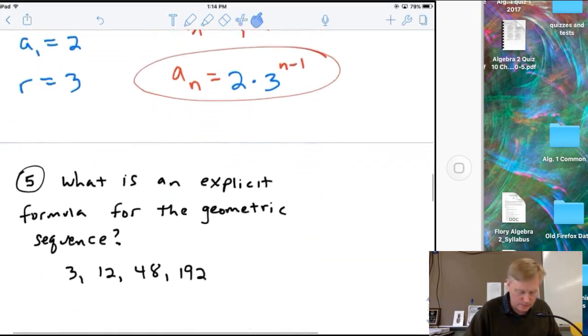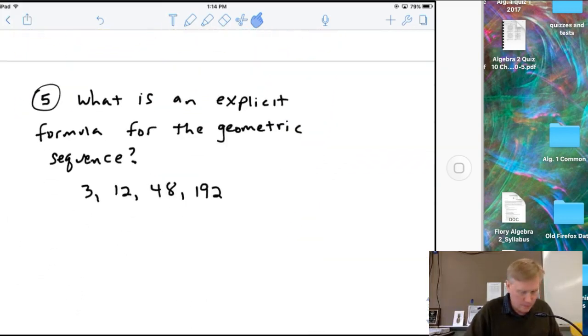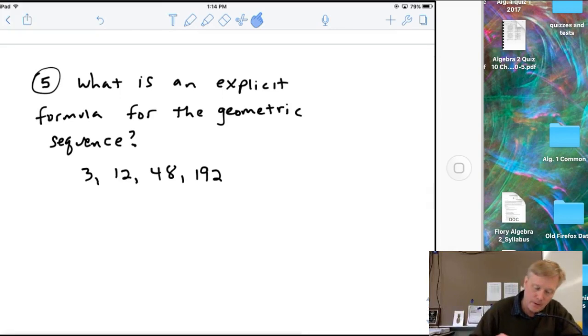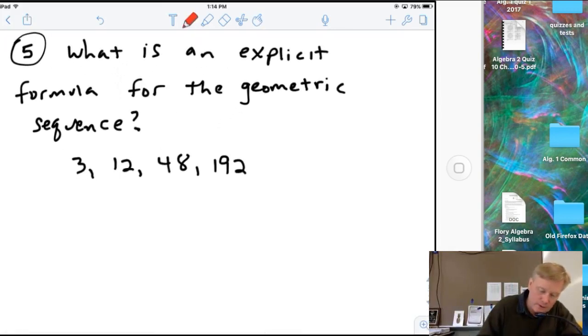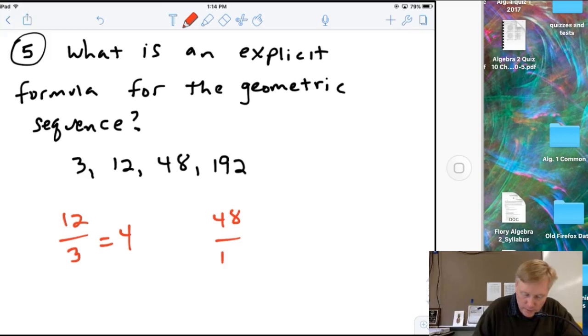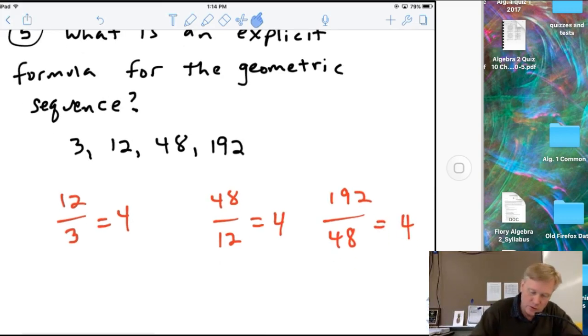Okay, next one. 5. What's an explicit formula for the geometric sequence 3, 12, 48, 192? All right, so this one's tougher. I'm going to go through the steps as if I couldn't do this math in my head. 12 divided by 3, that's 4. 48 divided by 12, that's 4. 192 divided by 48, that's 4. So that means it is geometric.